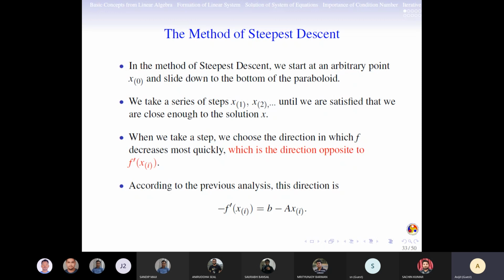Because I have to reach the minimum point, I should go in the direction of minus f dash xi. Also we have proved that f dash xi equals A xi minus b. So if we multiply with minus, that will give you b minus A xi. This is the relation that will be needed in the future.